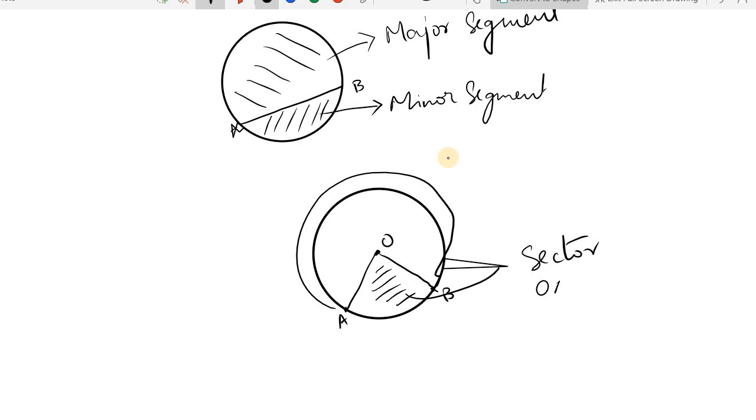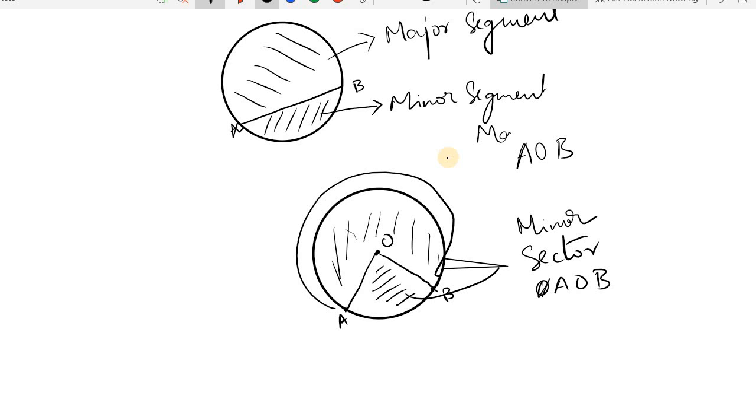Sector OAB or AOB. And since this area is smaller than the part left out, this would be called minor sector. And if I were to mention major sector, it would all be the rest of the thing. So if I say major sector AOB, it is this part, which is the major sector.